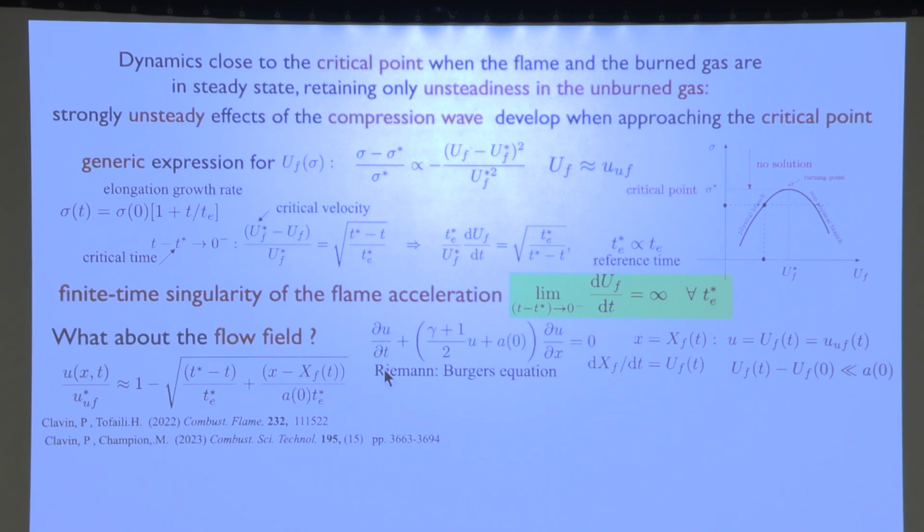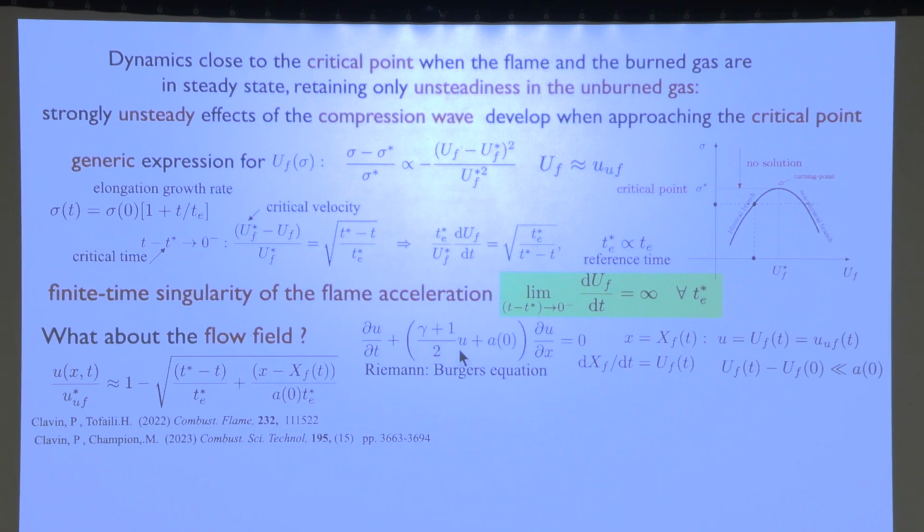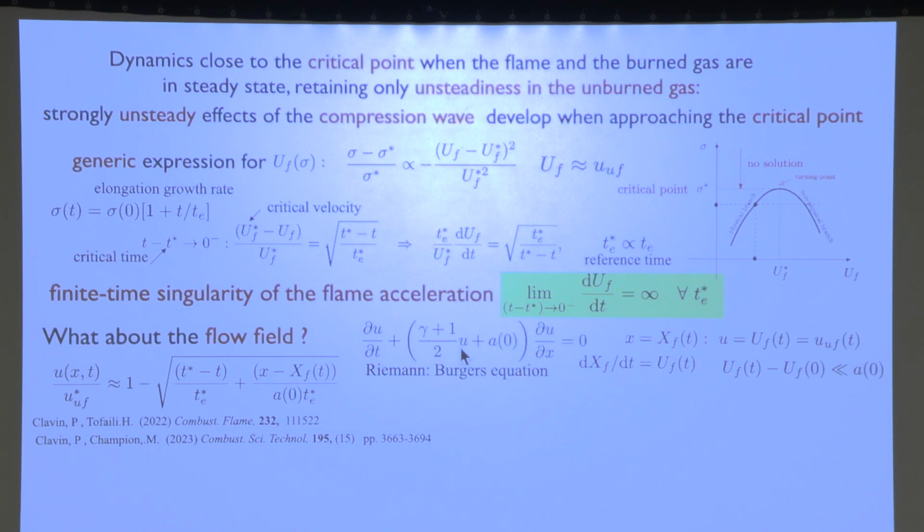That is, the time derivative involves a square term, which is u du over dx. This is the nonlinearity that is associated with the compressible effect. And this Burgers equation has a solution.